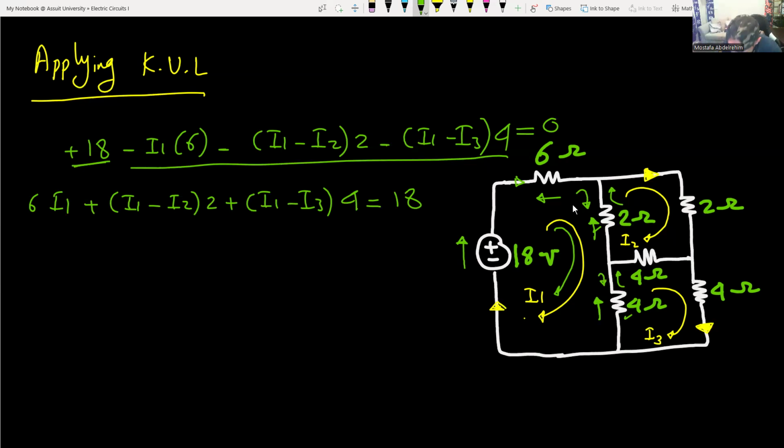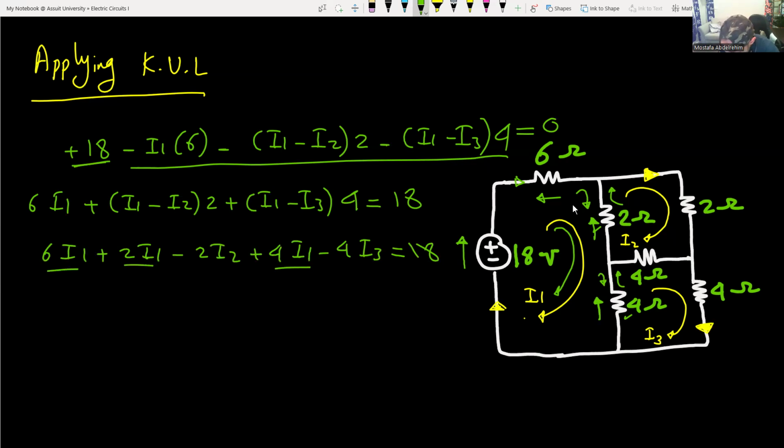Let's simplify it further: 6I1 plus 2I1 minus 2I2 plus 4I1 minus 4I3 equal to 18. Now let's take I1 as a common factor from these terms, and we end up with I1 multiplied by (6 plus 2 plus 4), minus 2I2, minus 4I3, equal to 18.